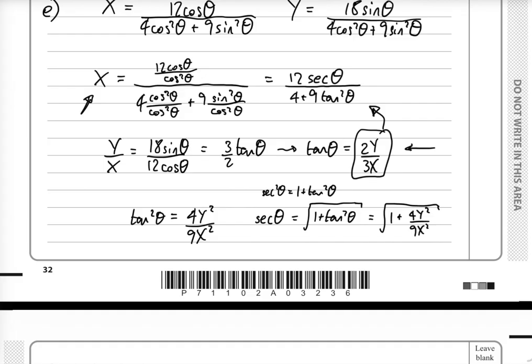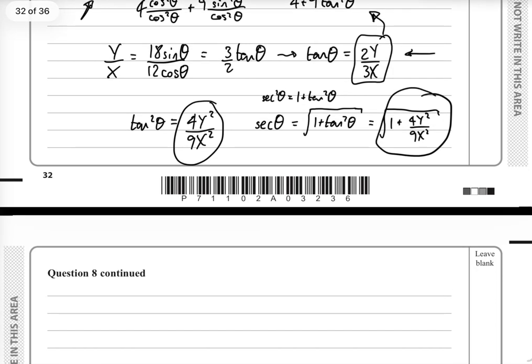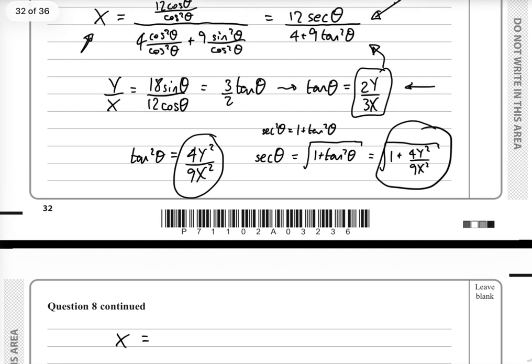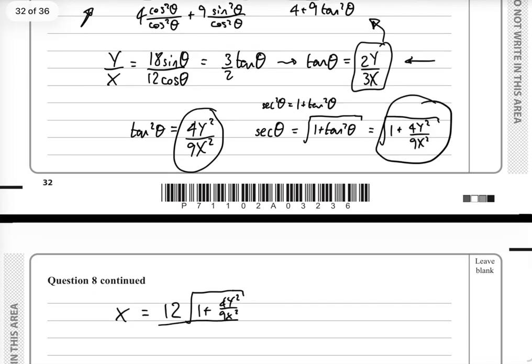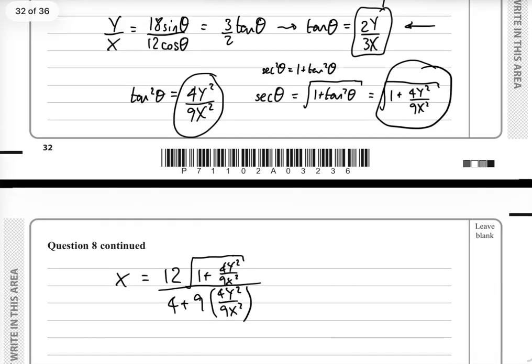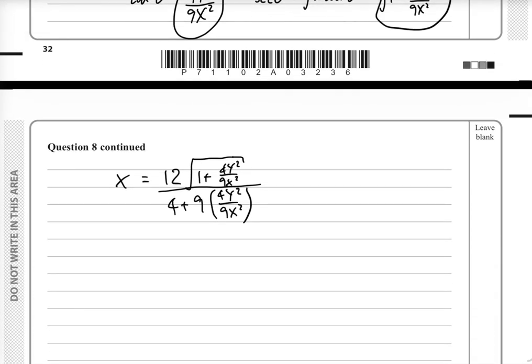Now that's a lot of work, but we're going to put this expression and this expression into here. And we know that the left-hand side is still x equals. So 12 times secant theta, which is the root of 1 plus 4y squared over 9x squared, over 4 plus 9 tan squared, which is 4y squared over 9x squared. And this is our expression relating x and y.